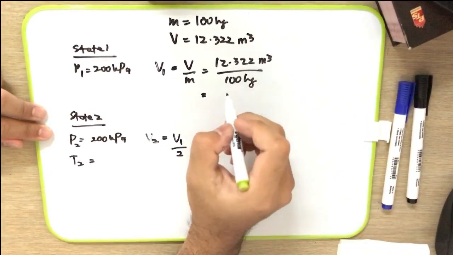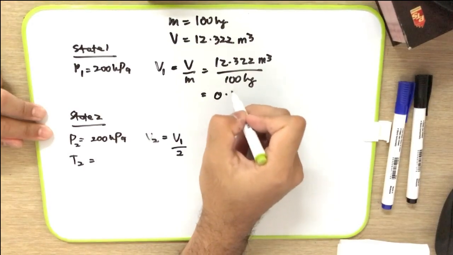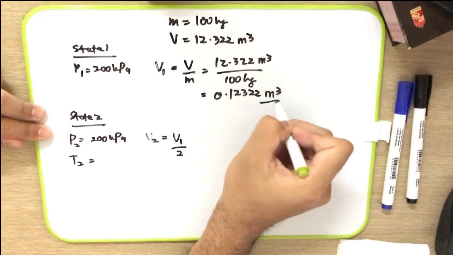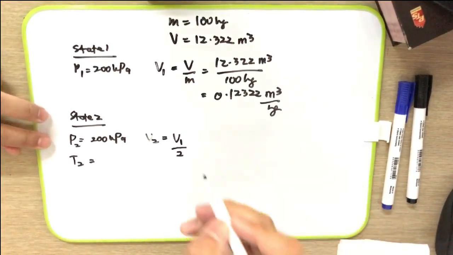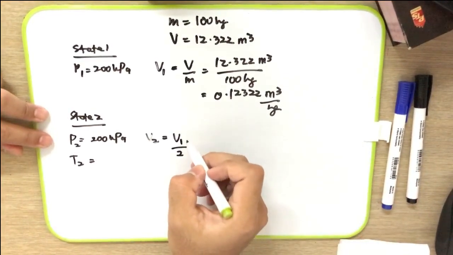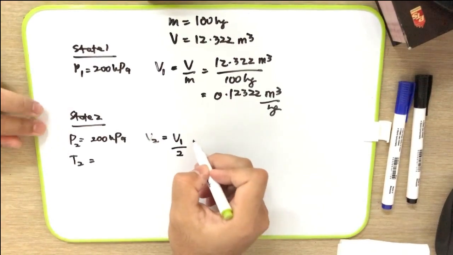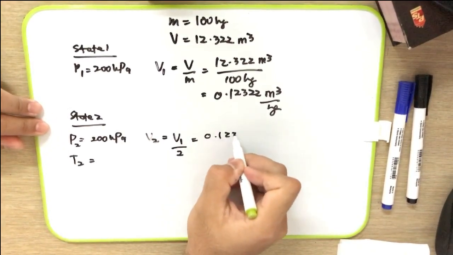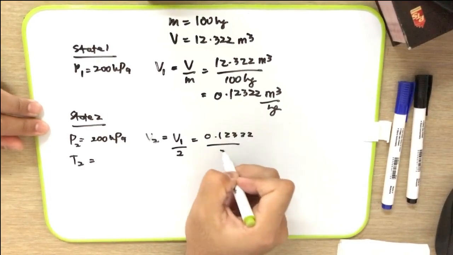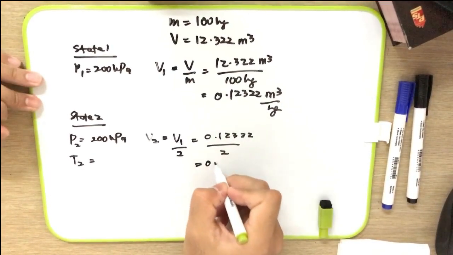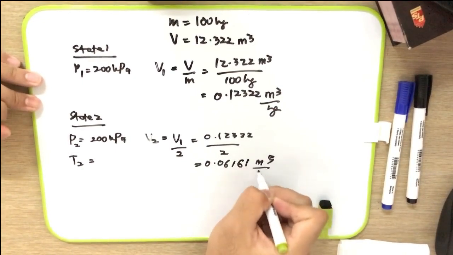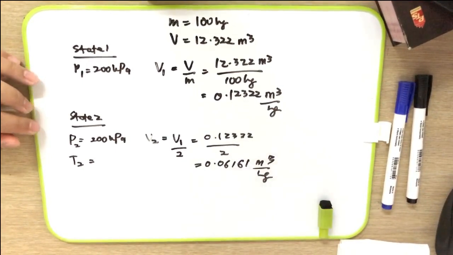So it is equal to 0.12322 meter cube per kg. Now we have another piece of info for state 2, which is 0.12322 over 2, equal to 0.06161 meter cube per kg.